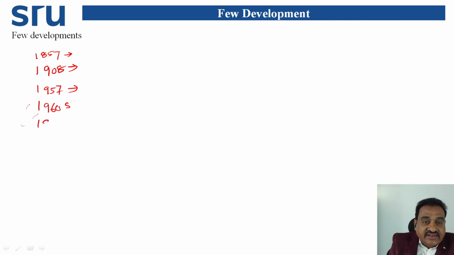Coming to the 1970s, in the early 1970s, Bell Laboratories and IBM fabricated the first two-dimensional quantum wells.